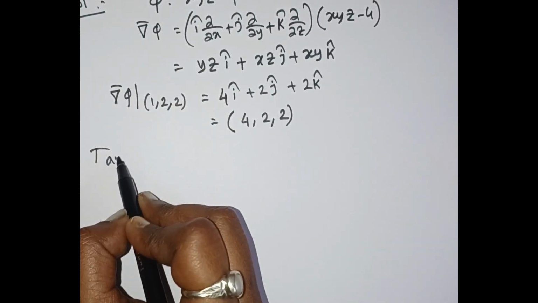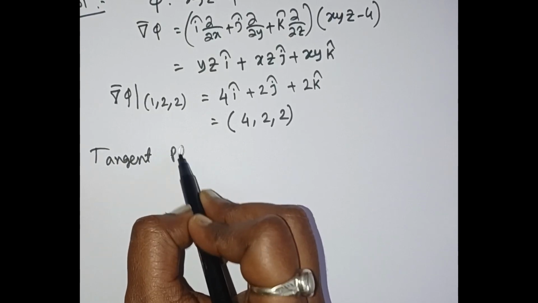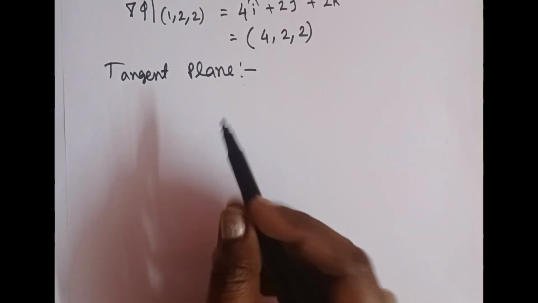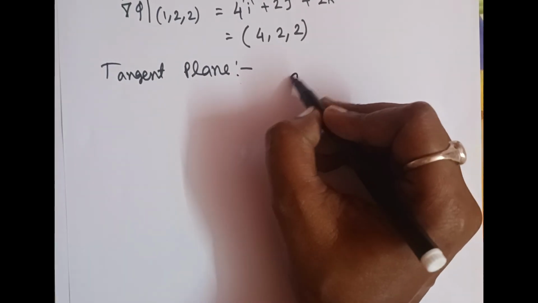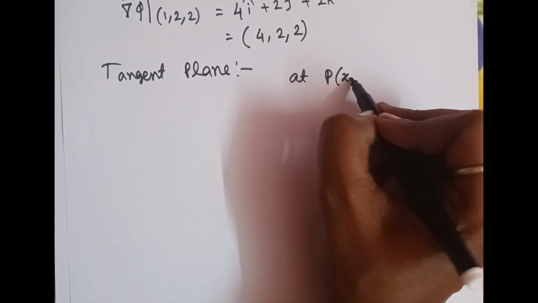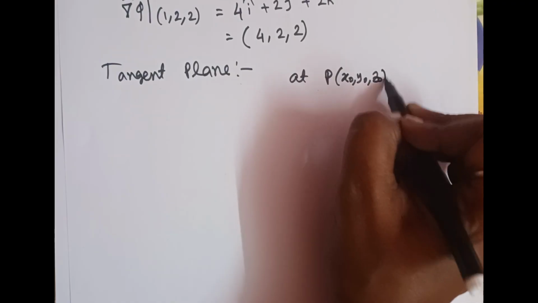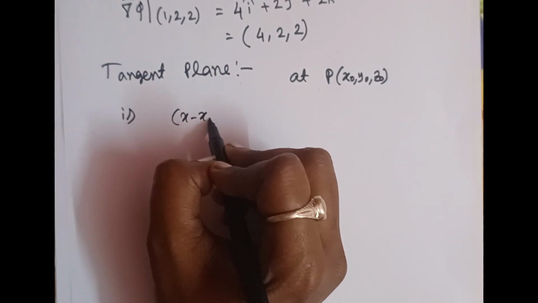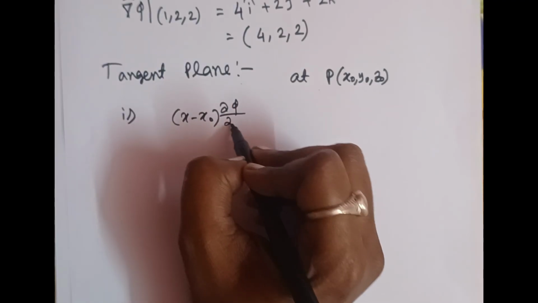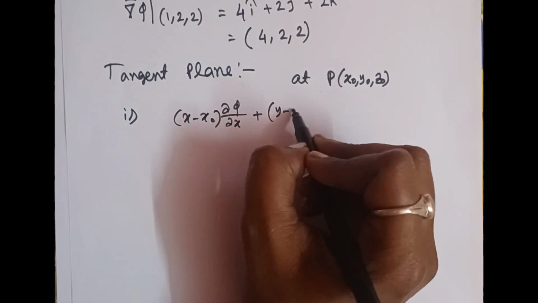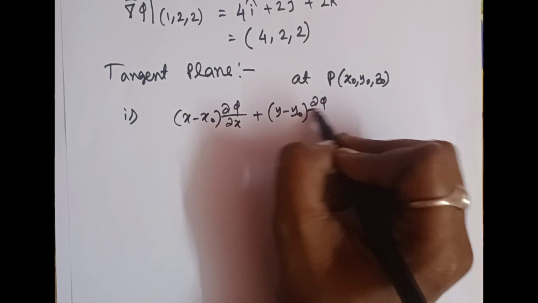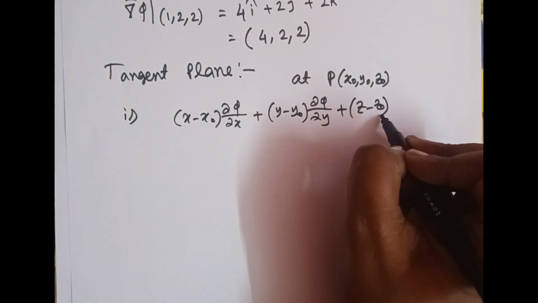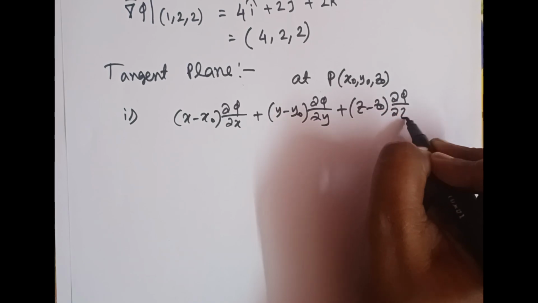For the tangent plane, the formula for the tangent plane at the point P(x0, y0, z0) is (x minus x0) del phi del x plus (y minus y0) del phi del y plus (z minus z0) del phi del z equal to 0.